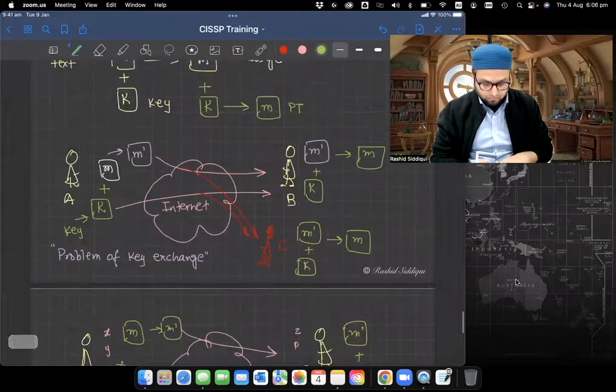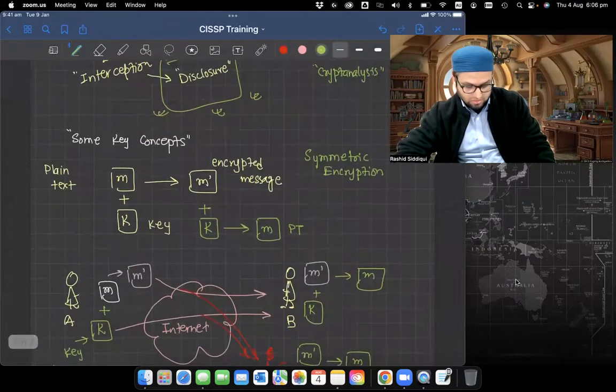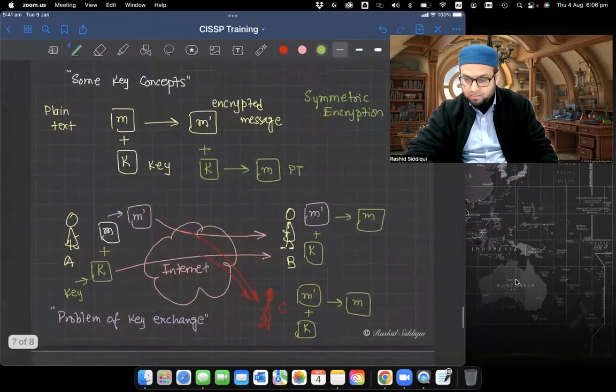Now, a few things here, like what this symmetric cryptography is achieving. Since it's encrypting the message, it is basically upholding the confidentiality of the message. This is something which you have to keep in mind. As I said in my last video as well, wherever there is encryption, its prime goal is to achieve confidentiality of the message, right?